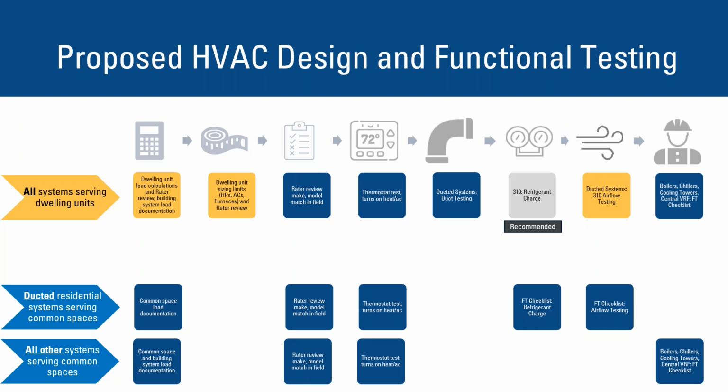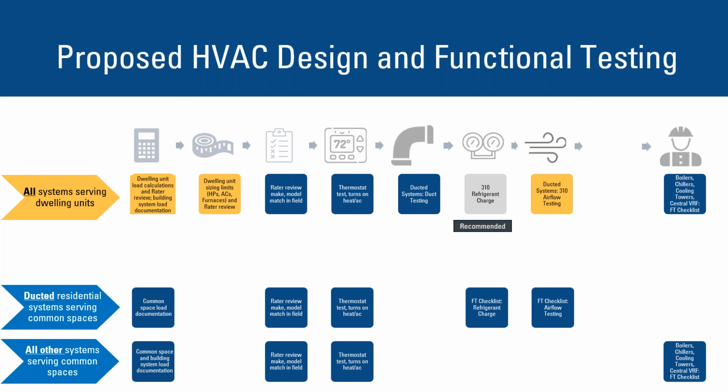And then instead of doing the functional testing info, we are requiring the 310 airflow testing. And we also are adding in from 310 the recommendation to do the 310 watt draw test as well. And then for your central systems, you will still need to do the functional testing for just those systems.